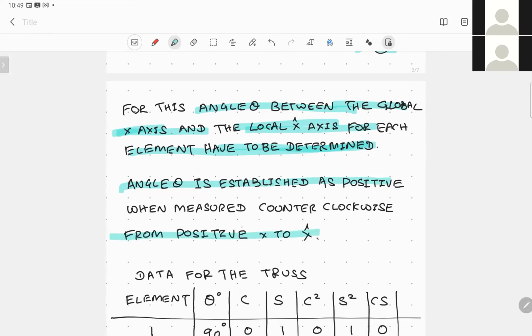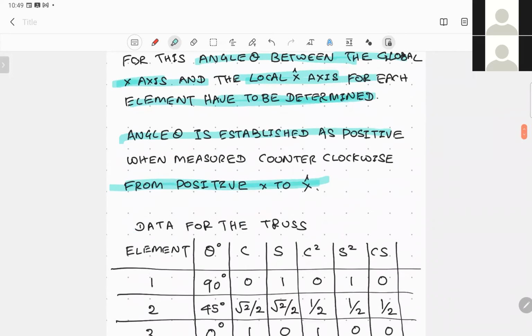If the rotation from x to x hat is anti-clockwise, we consider it to be positive.